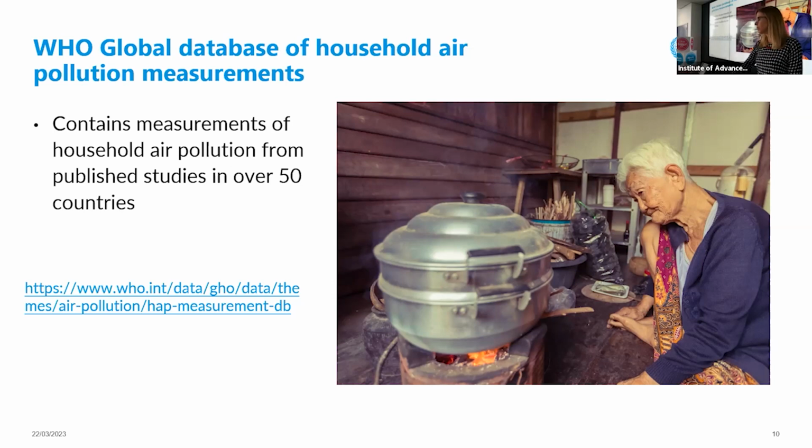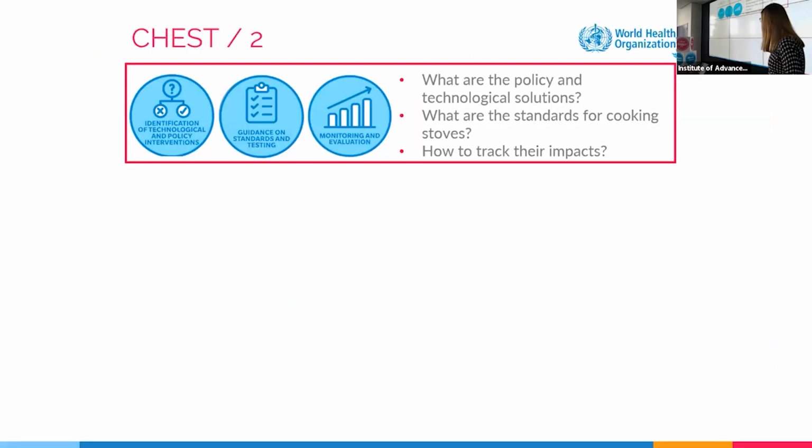What particular pollutants were measured, and what are the values? Was there fuel stacking? Was it looking at cooking only? Was it heating and cooking going on, heating only, etc.? So this is a very valuable source, I would say, for countries. Instead of jumping in and saying, oh, I need to measure everything before I do an intervention, this helps them find a source of information, and it really compiles a lot of the research that's going on.